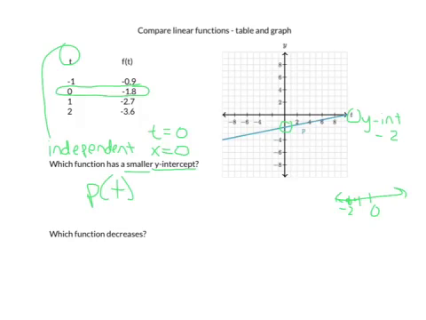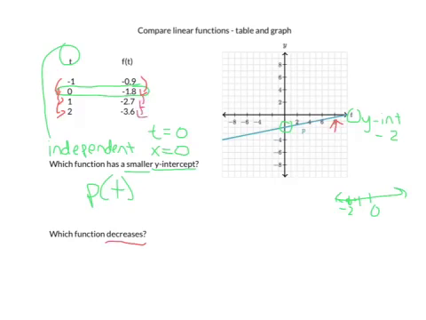Our second question asks which function decreases. Well, decreases means going down from left to right, and in this case, our graph actually goes up. So that increases. So let's see if f of t decreases. So as our values increase by 1 on this side, on the f of t side, our values actually decrease. We're going down by 0.9 each time.